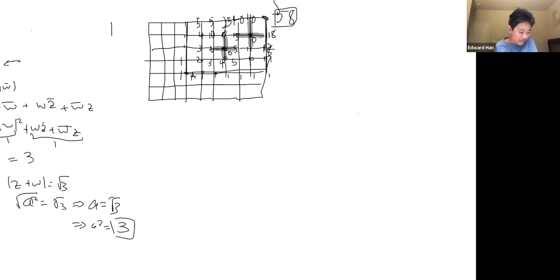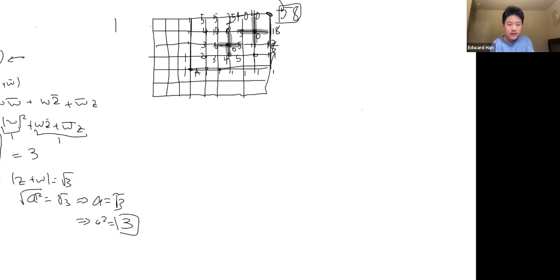So the problem says, I'll just borrow a diagram that I drew earlier. Wait, let's see if this works. Okay, evidently it didn't. So I'm just going to borrow a diagram that I made earlier that has all of my points.